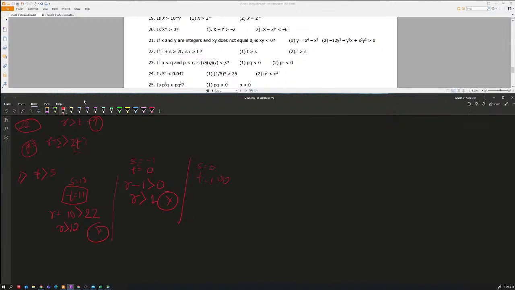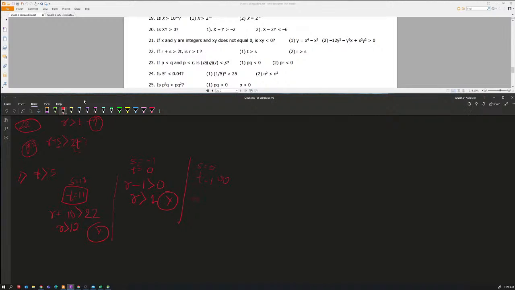In this case it satisfies the condition t is greater than s, and let's put it in the given equation.